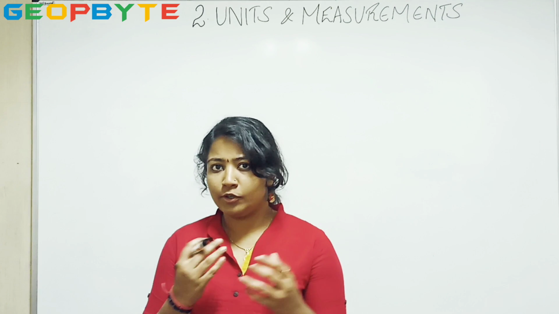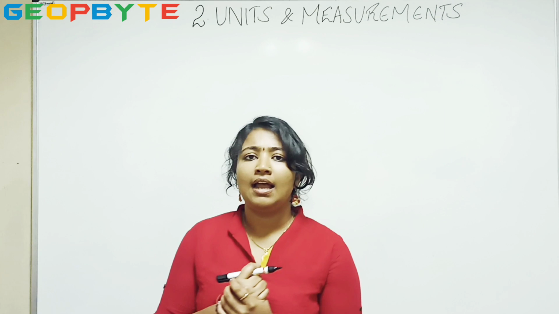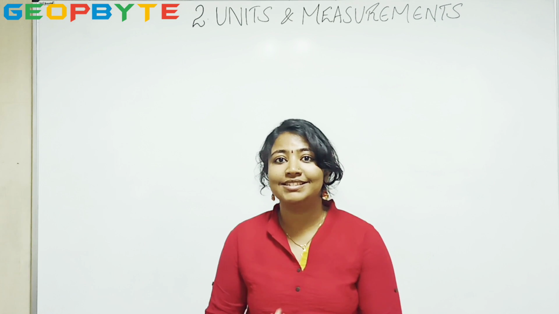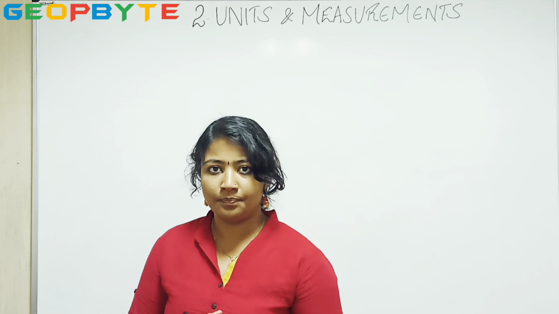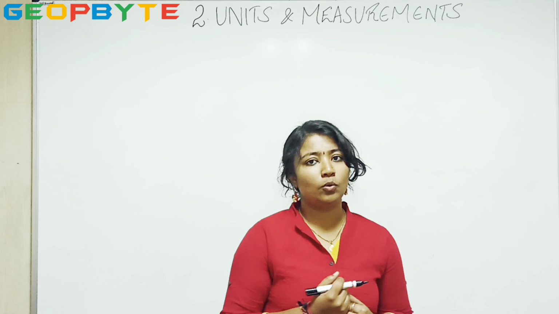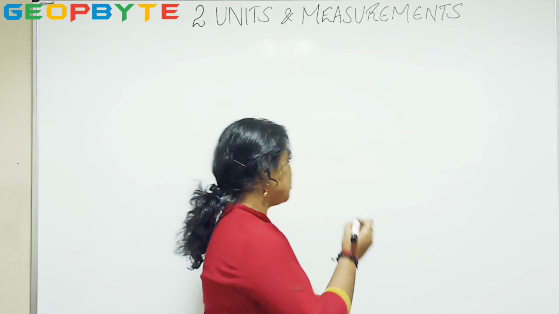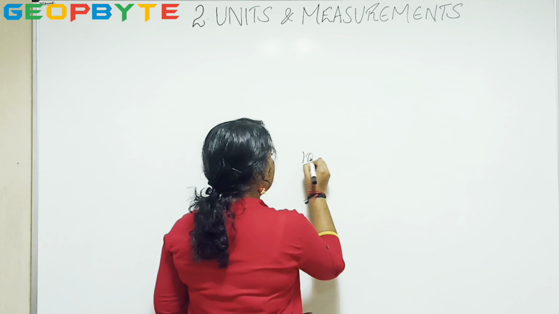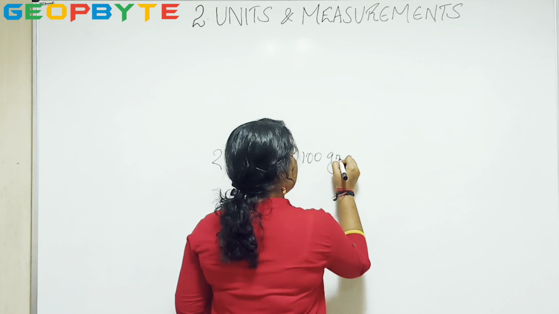Suppose, as an example, I'm asking you to get me some onions and chilies from a shop. You go and tell the shopkeeper 2 kilograms of onions, or some 100 grams of chilies.